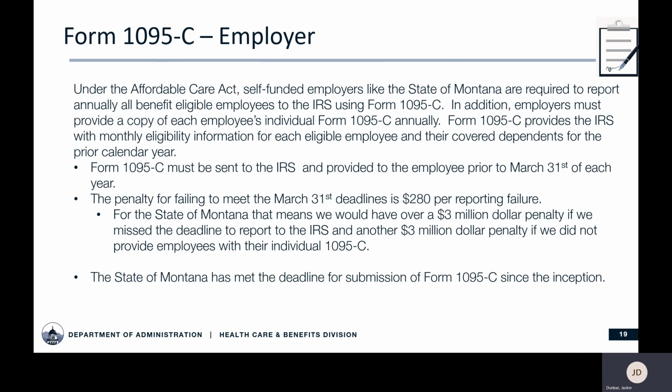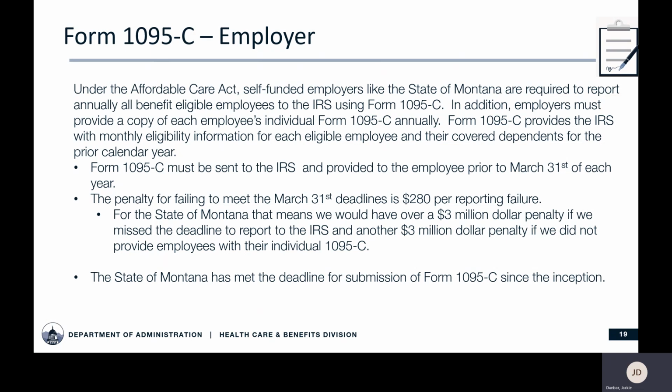So let's talk about the Form 1095-C. Under the Affordable Care Act, self-funded employers like the state of Montana are required to report annually all benefit-eligible employees to the IRS using Form 1095-C. In addition, employers must provide a copy of each employee's individual Form 1095-C annually.